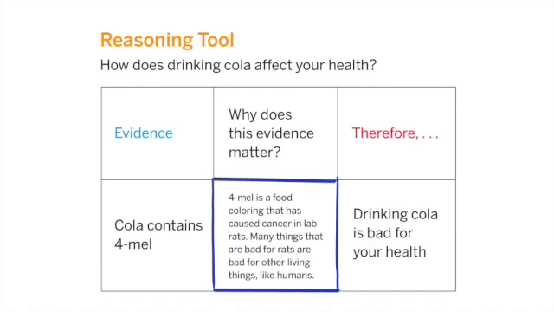Therefore, drinking cola is bad for your health. Adding that reasoning, that explanation of why what you found matters, is what makes your argument strong. So you need all three parts. You need evidence, you need reasoning, and obviously you need to answer the question.